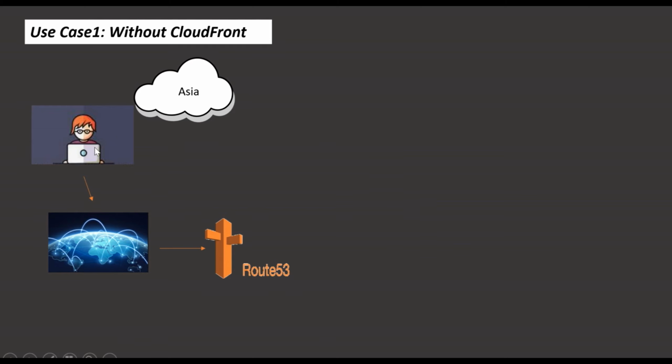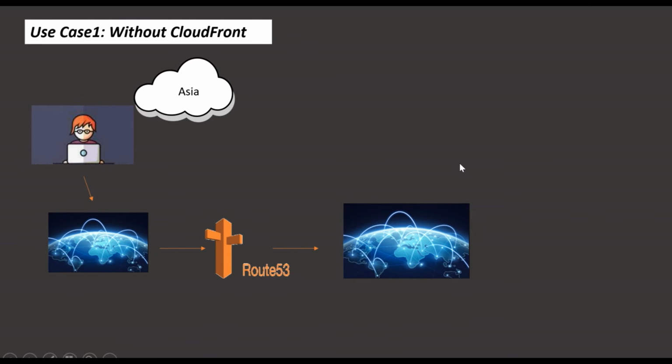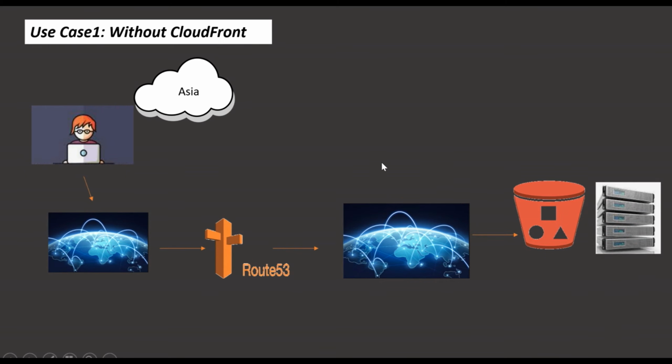Let's suppose there is a domain name called www.avinash.com, and this user is trying to access avinash.com. The avinash.com domain is pointing under the DNS service called Route 53, and under the DNS service the address is defined where exactly the domain name is listening. Finally the request reaches the web server. The web server may be an S3 bucket or your own HTTP server.